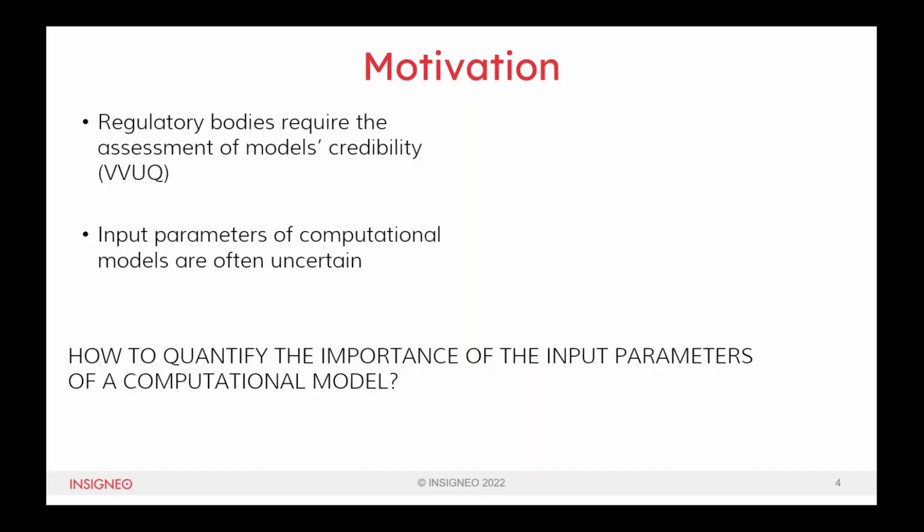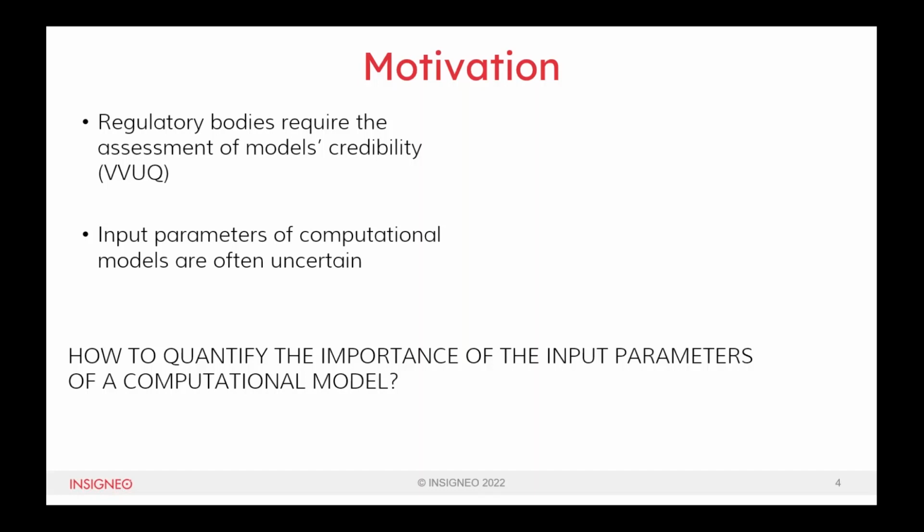So we all know that computational models are increasingly used in all domains of science and technology, and it can be for research or commercial applications. And in the case of commercial applications, the regulatory bodies require that the computational model is credible and can be used safely. But of course, also in research, we want to make sure that our models are reliable and credible.